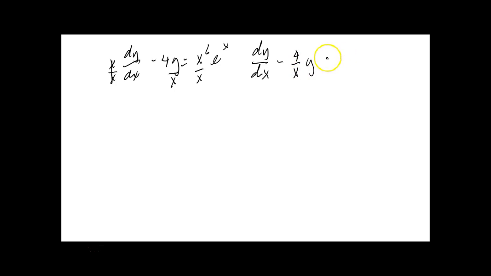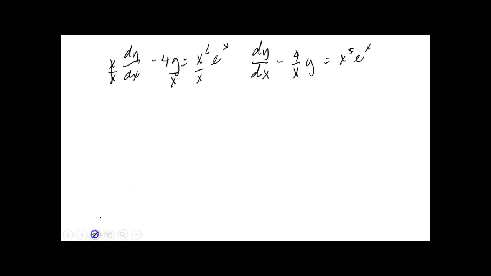So the p of x would be minus 4 over x, the sign goes with it. And then the f of x becomes what? x to the 5th e to the x. Perfect.